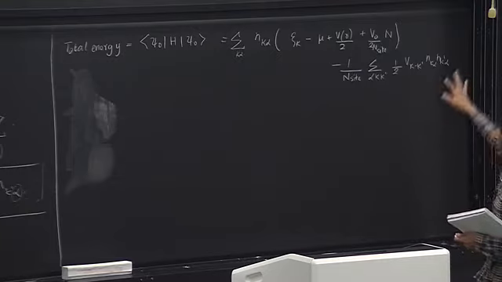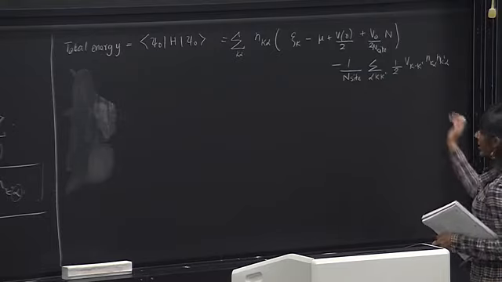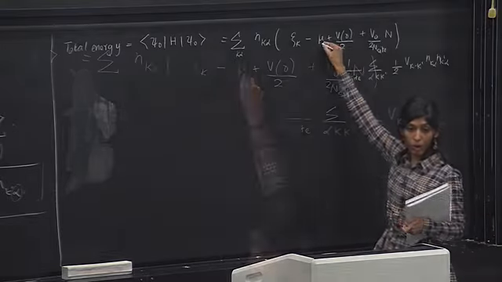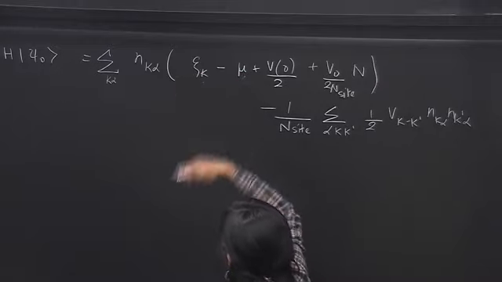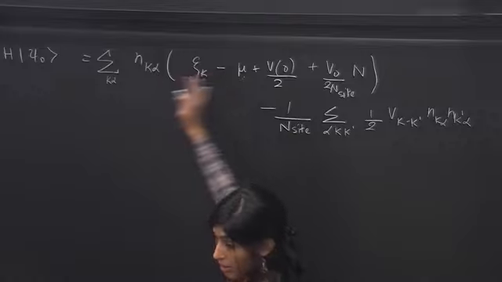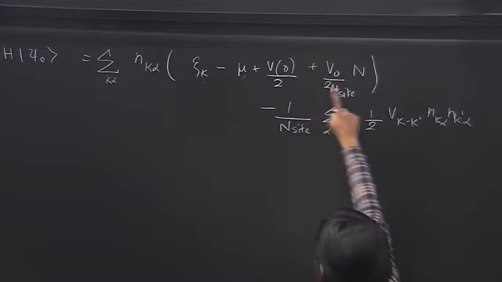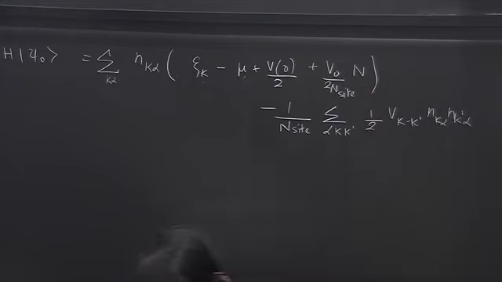Okay, so I've just put together all the different pieces that we discussed. Kinetic energy, I've brought in the chemical potential here, H minus mu n, right? So that's a part of the Hamiltonian. This bit came from the Fock term. This was the Hartree term, and this was the negative term from the Fock term.